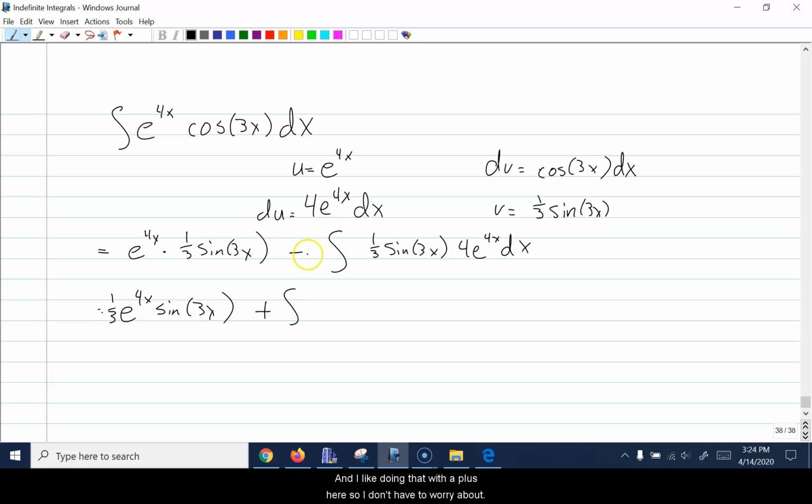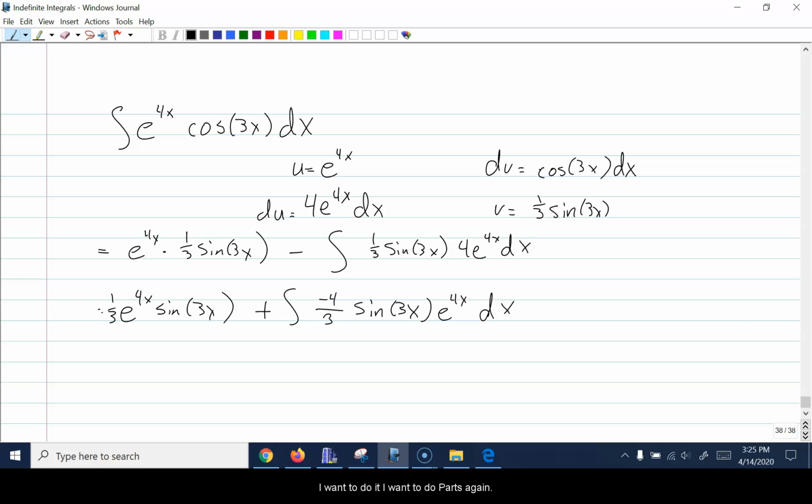And I like doing that with a plus here, so I don't have to worry about combining like terms or pushing the constant out front of the integral into the new integral by parts formula. I get negative 4/3 sine 3x e to the 4x dx.